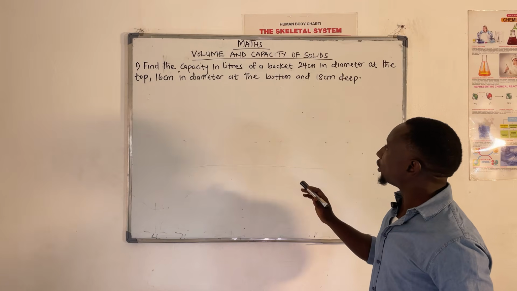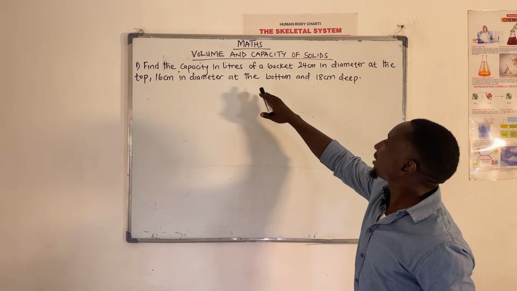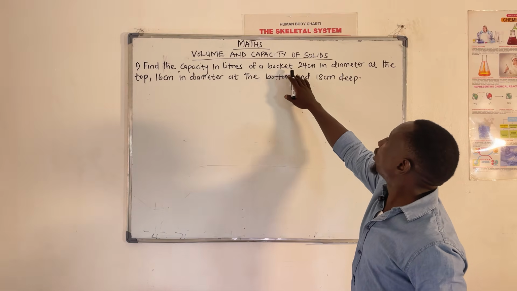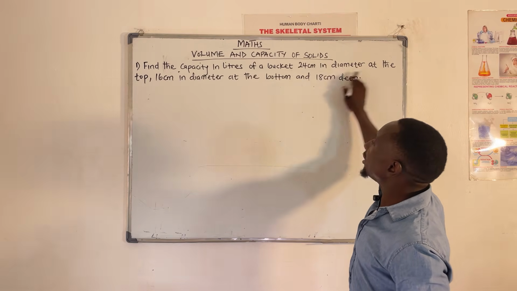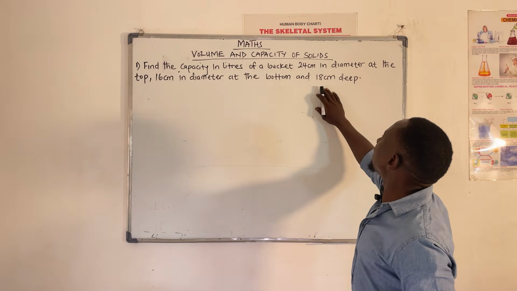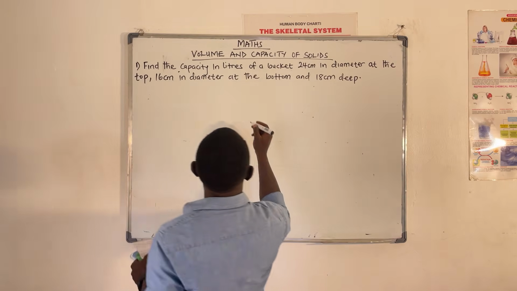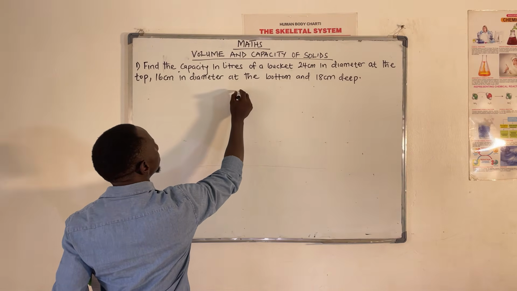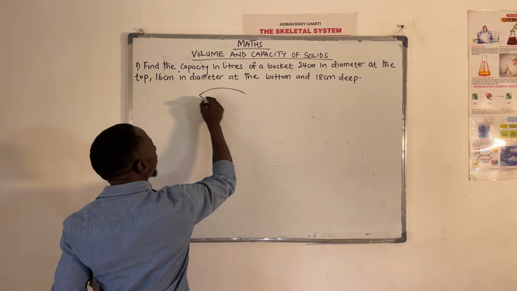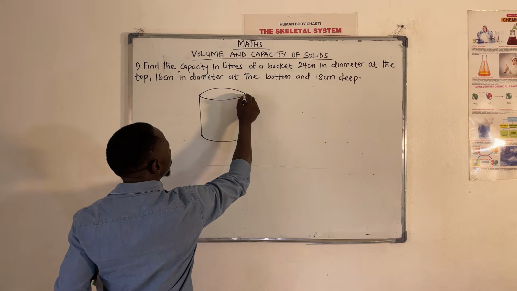Now, here on the board, I have a question. The question says, find the capacity in liters of a bucket, 24 centimeters in diameter at the top, 16 centimeters in diameter at the bottom, and 18 centimeters deep. Here is the bucket.